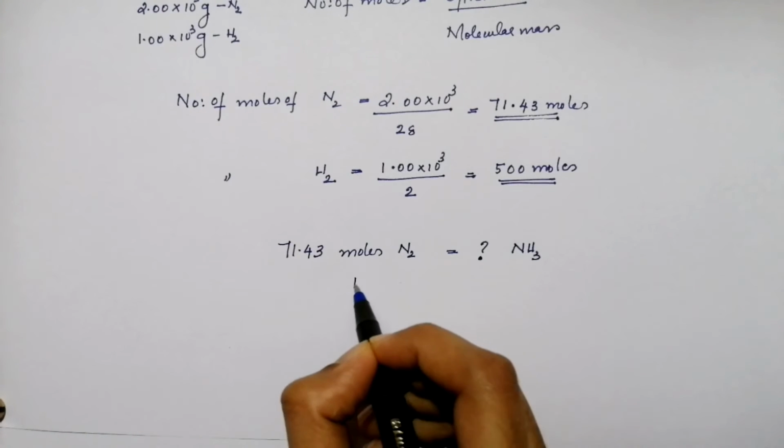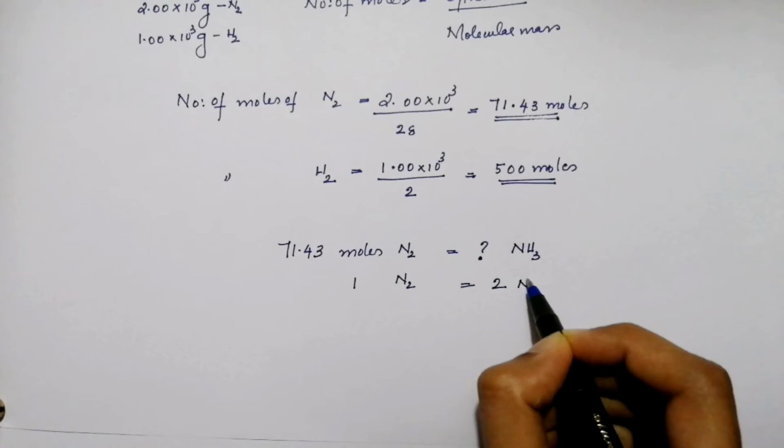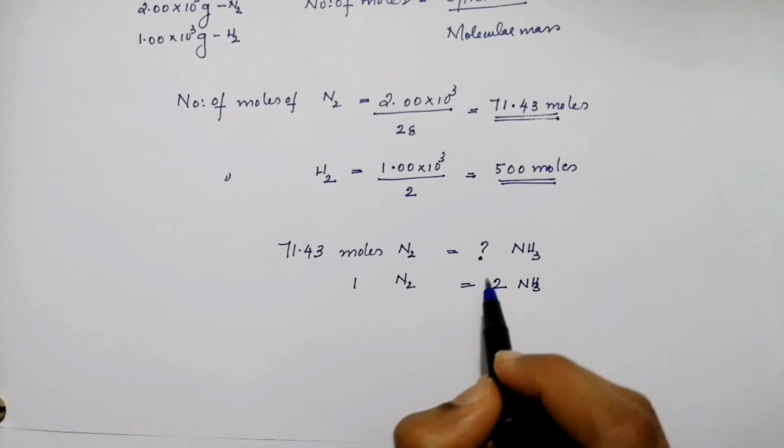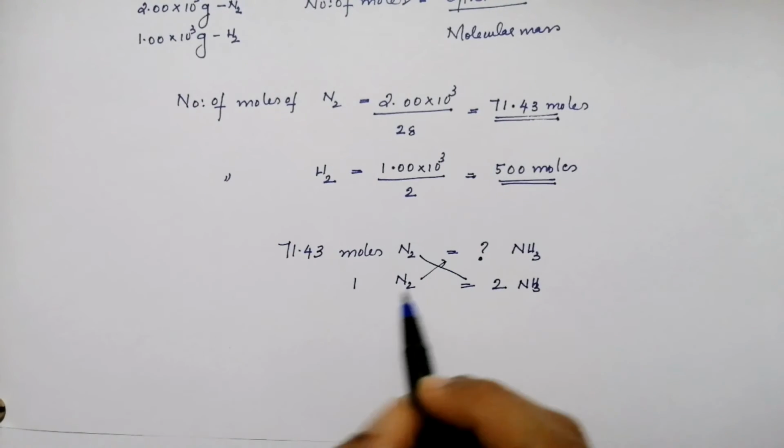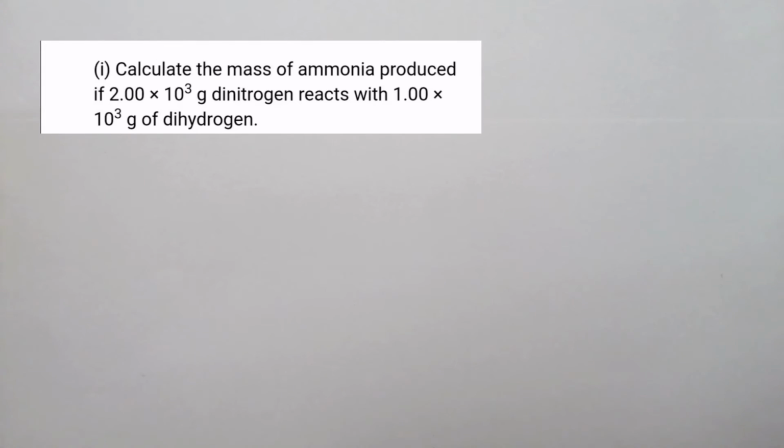And we know that for 1 mole of dinitrogen, we are having 2 moles of ammonia. To get this answer, let us do the cross multiplication. So we get 71.43 into 2 divided by 1, which gives us 142.86 moles of ammonia.